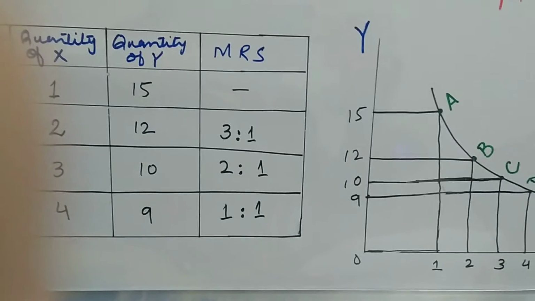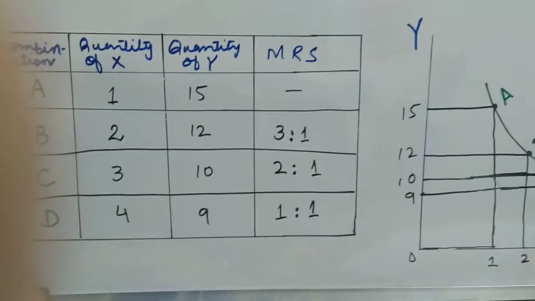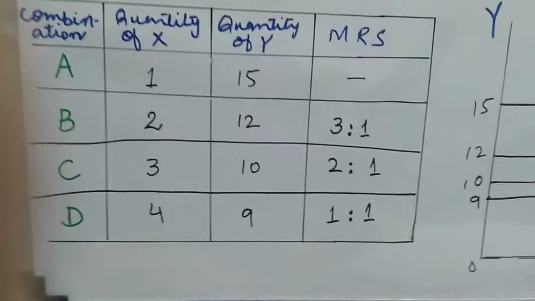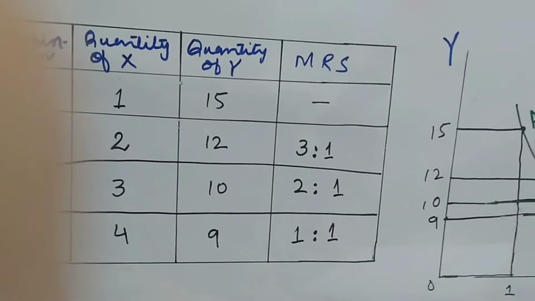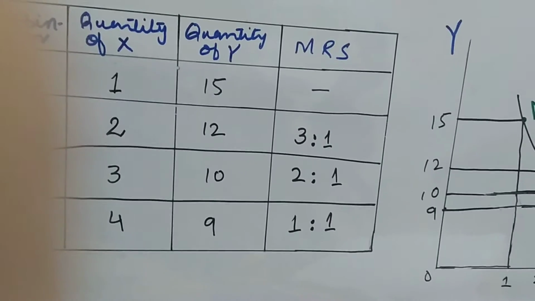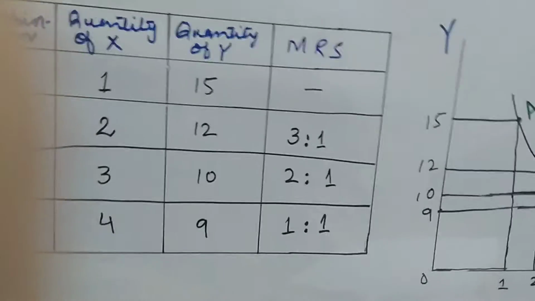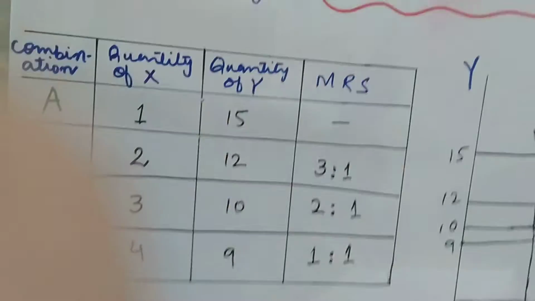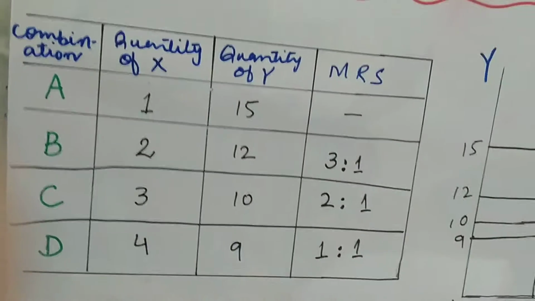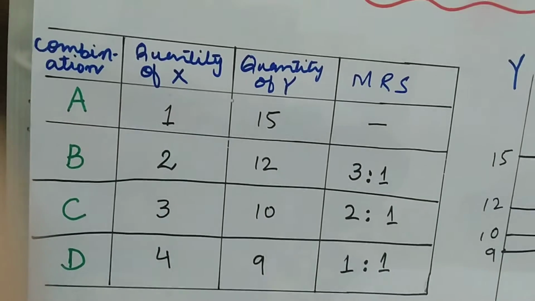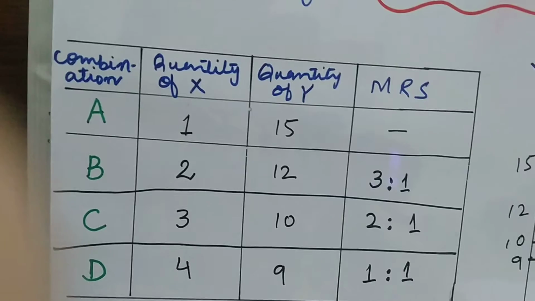Suppose that in the first combination, the consumer consumes 1 unit of commodity X and 15 units of commodity Y. There is no marginal rate of substitution for the first combination, as there is no previous combination. So there is a dash for the first combination A in the marginal rate of substitution column.